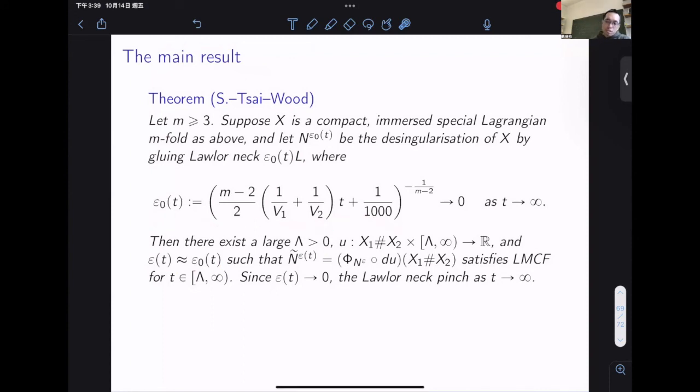So as t goes to infinity, this epsilon(t) will go to 0, namely the Lawlor neck in the N_epsilon(t) tilde will shrink to a point as t goes to infinity. So we get this kind of infinite time Lawlor neck pinch phenomenon.